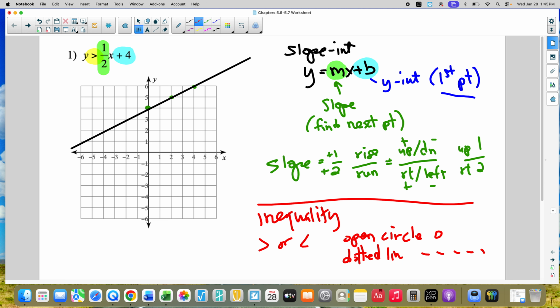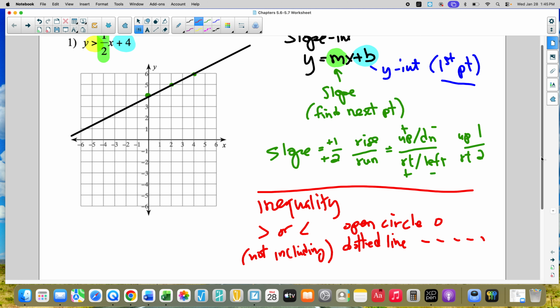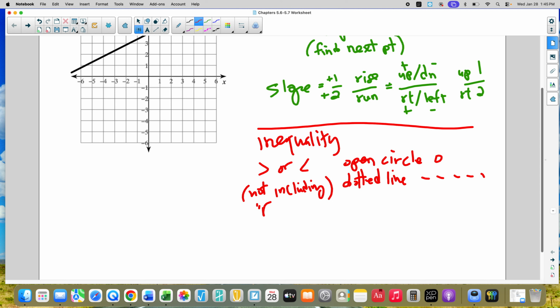And what that means is, because we're not including the border. The border between my true and false, that's what we're going to graph here, is not included. The border is going to be false. Those would give us false values.